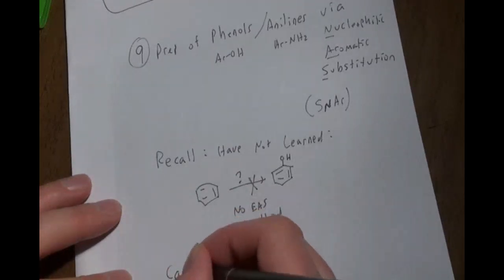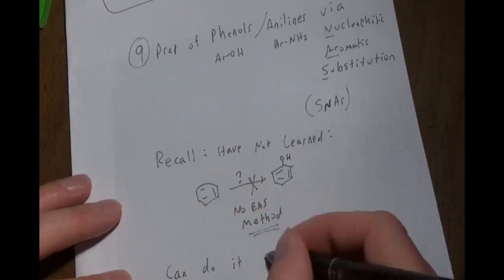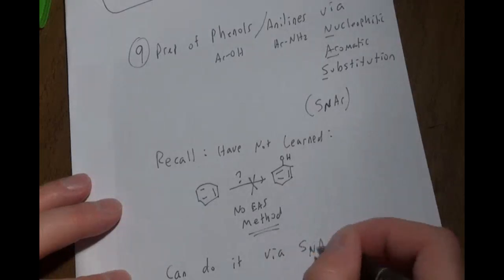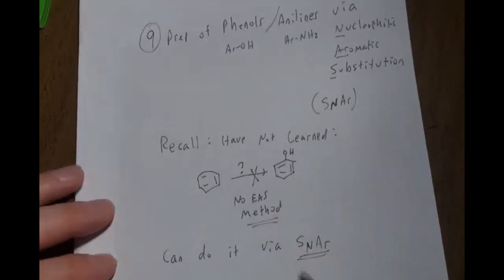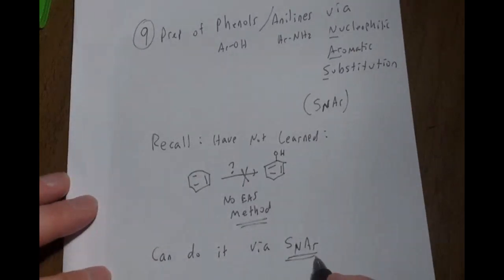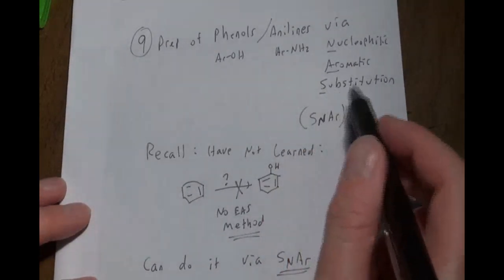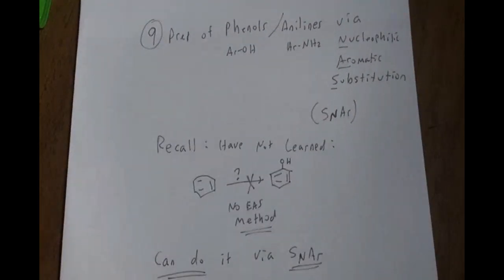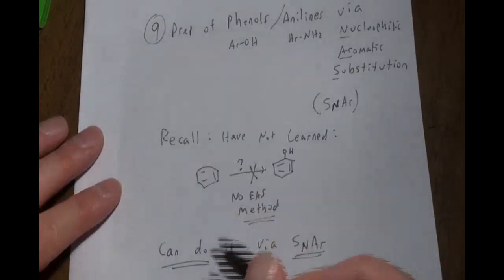We can do it via SNAr, nucleophilic aromatic substitution. We have a way to do that. So let's show an example of what an SNAr reaction is as a way to make a phenol.